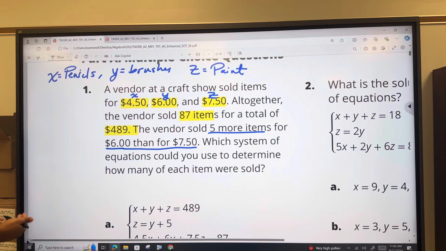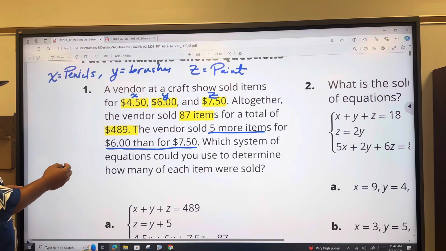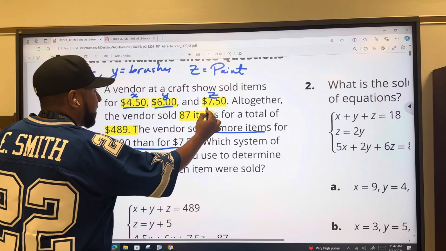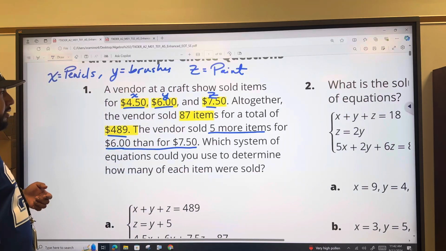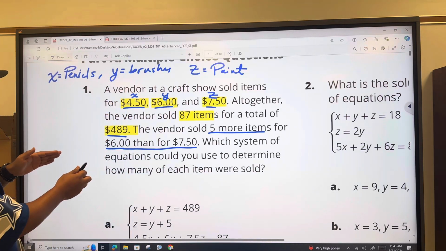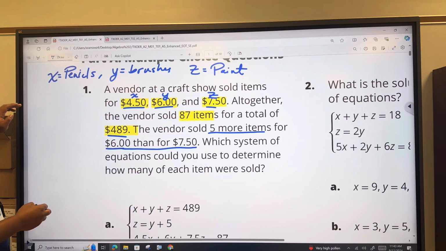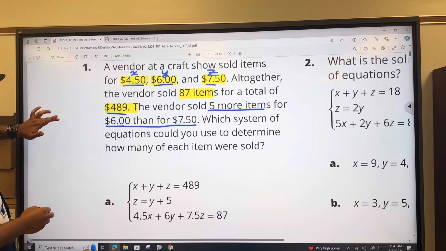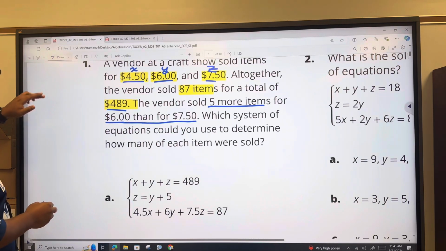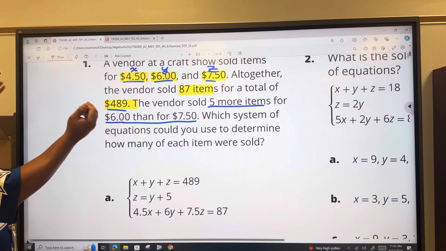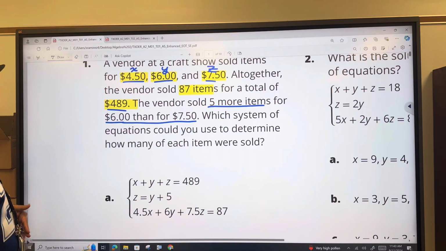Now, for the first equation, it's pretty straightforward because money goes with money, right? So I see X, Y, Z, money. If I do my first equation, let me scroll down a little bit. And again, if you need to pause it to write, pause it because I'm going to keep going no matter what.